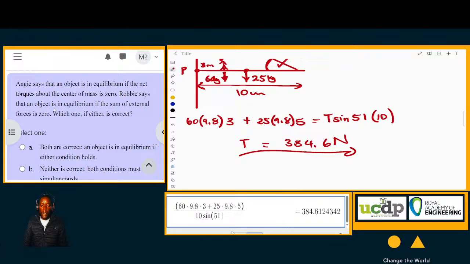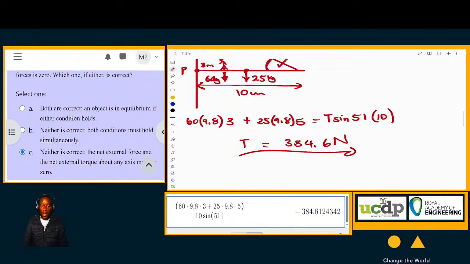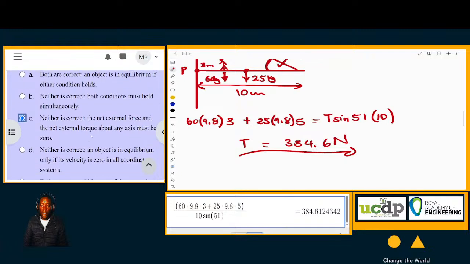But Robbie says that an object is in equilibrium if the sum of external forces is 0. Okay. So are they both correct? Are they both wrong? B says neither is correct, both conditions must hold simultaneously. C says neither is correct: the net external force and the net external torque about any axis must be 0.